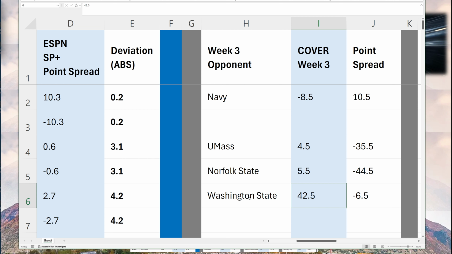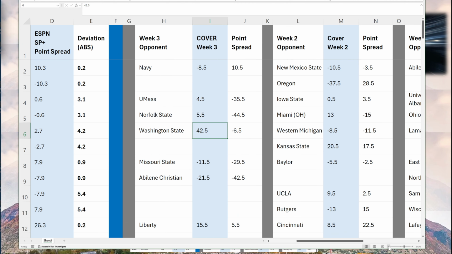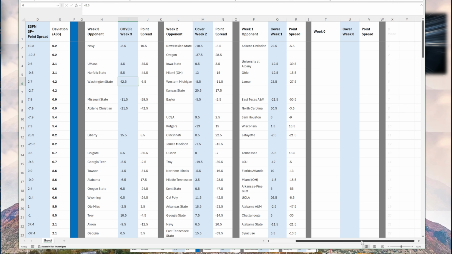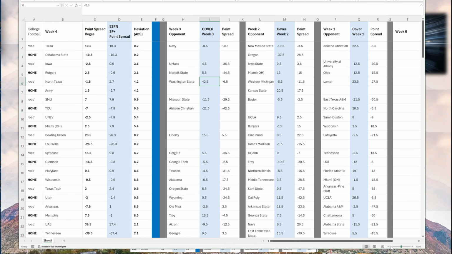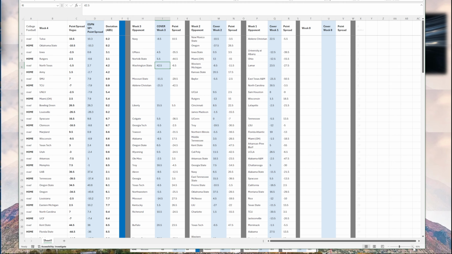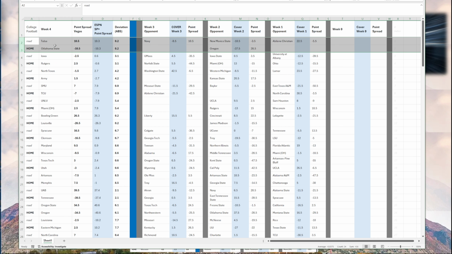That's important information. So let me zoom out to give you a big picture view of the spreadsheet. So we're focusing on week 4. Each of the matchups are listed.